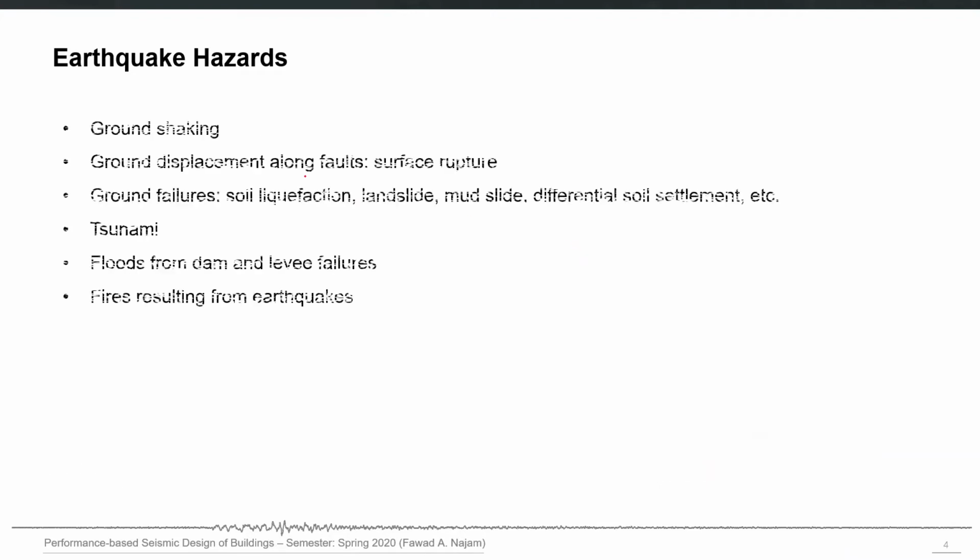If we look at the earthquake hazards, there can be ground shaking, the shaking of the ground or vibration caused by the earthquake. The earthquake hazards also include the ground displacement along the faults, also called surface rupture. Surface rupture is different from ground shaking. It is the direct deformation of the top surface of the earth, and that can also cause huge losses.